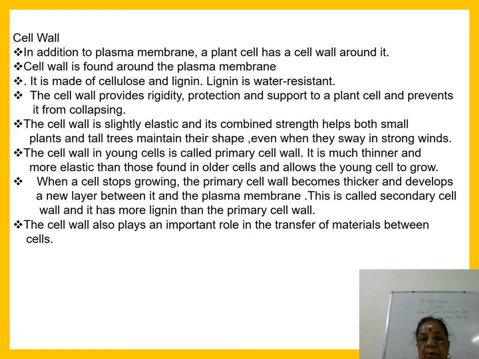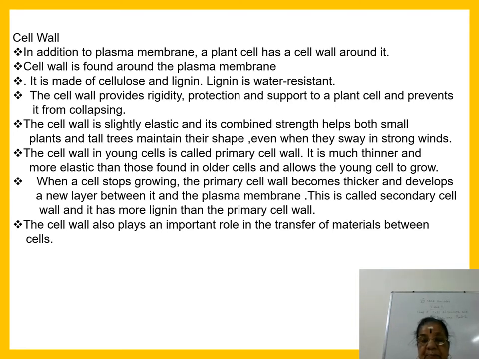It is made up of cellulose and lignin, and lignin is water resistant. The cell wall provides rigidity, protection and support to a plant cell and prevents it from collapsing. This is the function of a cell wall.